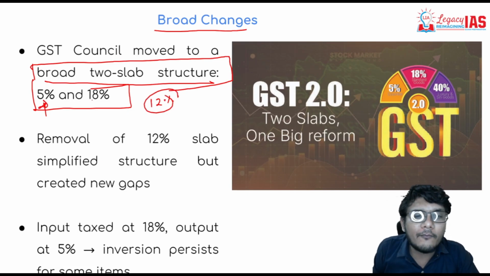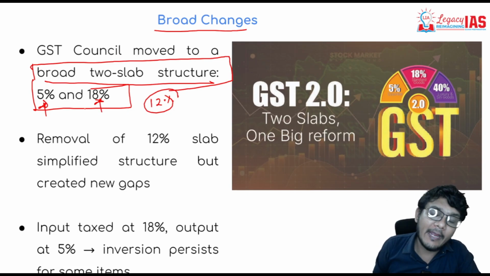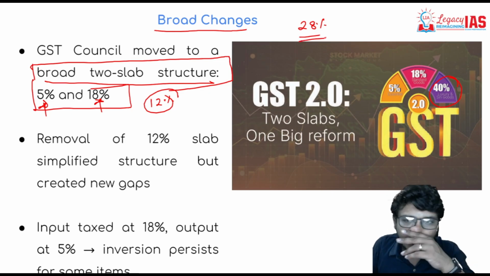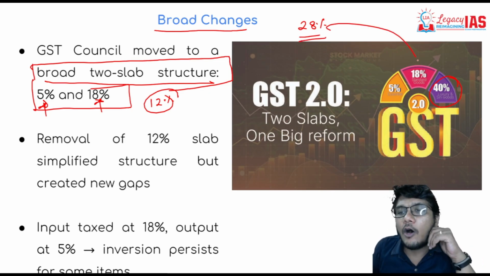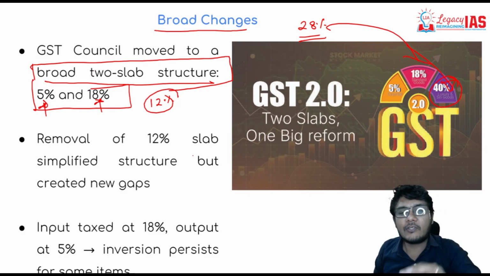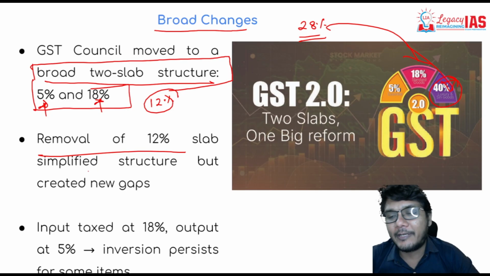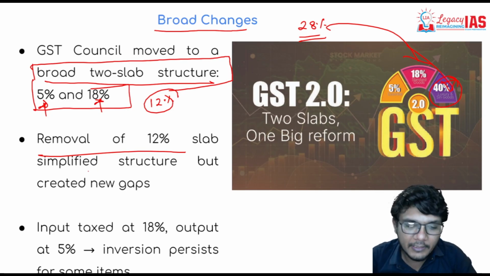There is also a 40% slab, which earlier was 28%, for luxury and sin goods. The removal of the 12% slab has taken place in order to further simplify GST.